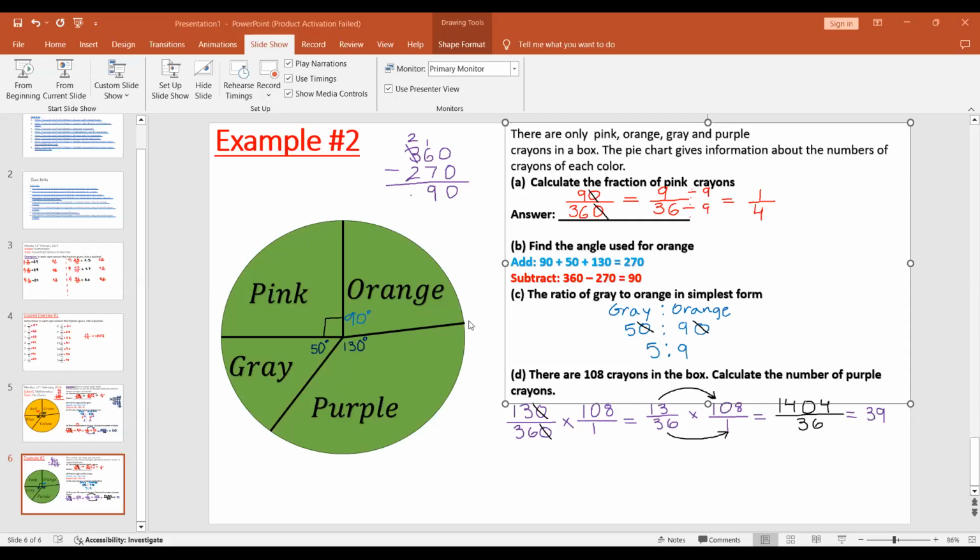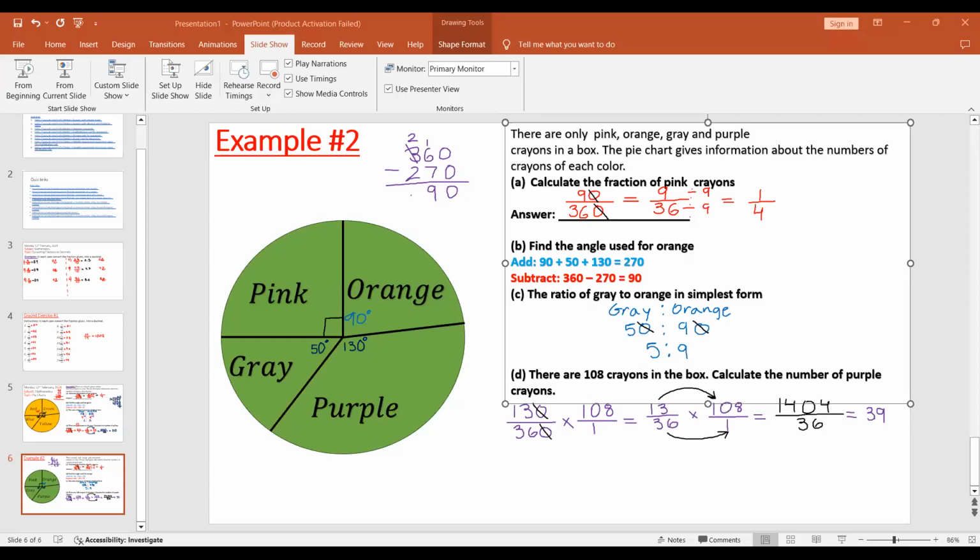And then for D, there are 108 crayons in the box. Calculate the number of purple crayons. So the purple crayons are 130 degrees. So you put 130 degrees over 360 degrees, and then you times that by the 108 crayons in the box over 1. And then you cancel out the zeros in 130 and 360, and that would be 13 over 36.